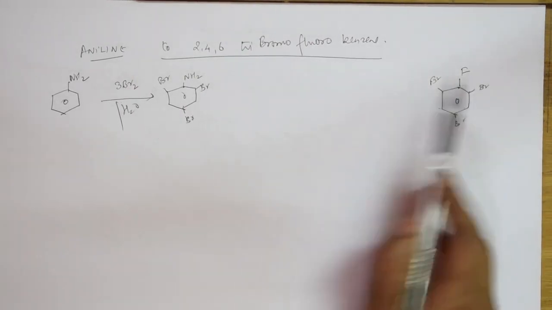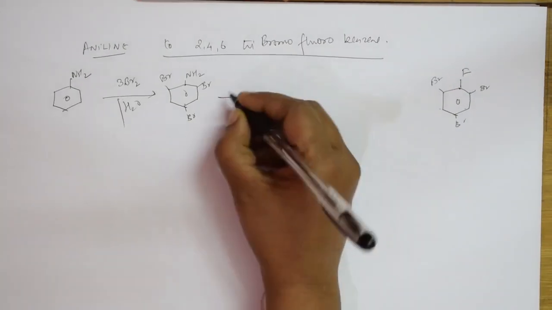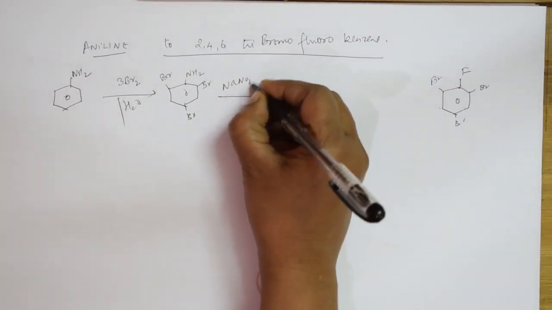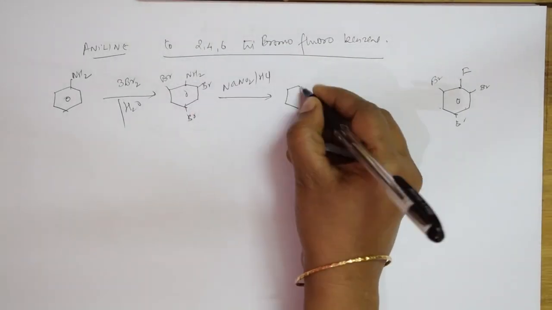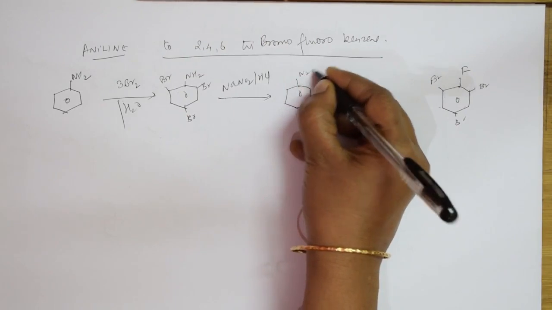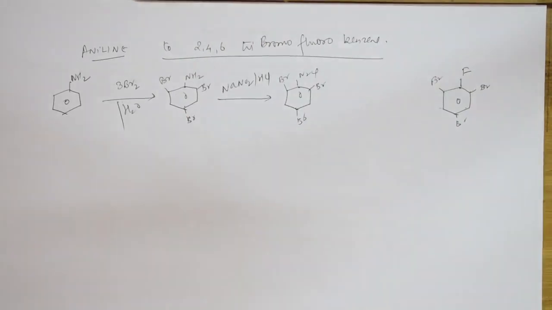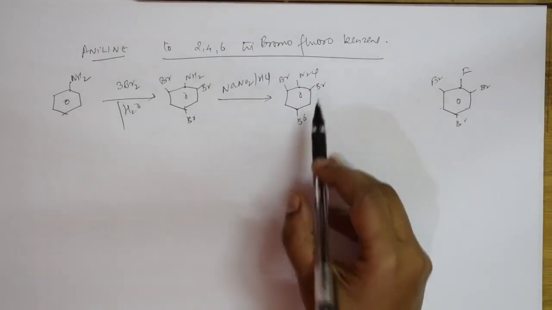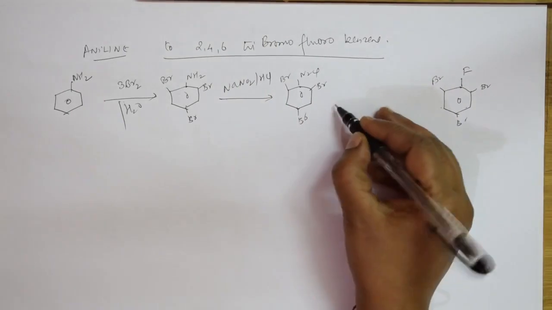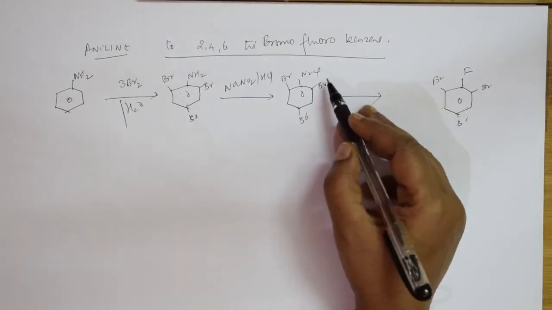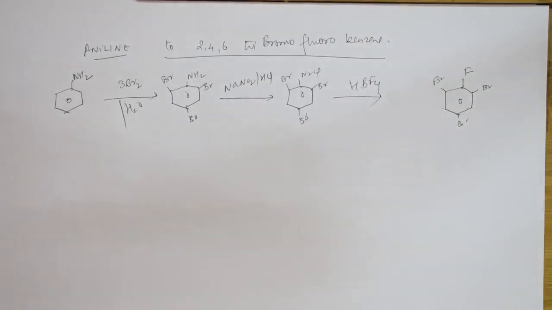From aniline I further have to convert to fluorine. I can't directly convert anilines to fluorobenzene. First, I need to convert into BDC with NaNO2 HCl. Then the amine will get converted to N2Cl, BDC, with bromines all present. Bromine will always carry forward. Now I'm coming closer. To prepare fluorobenzene, I can introduce HBF4.